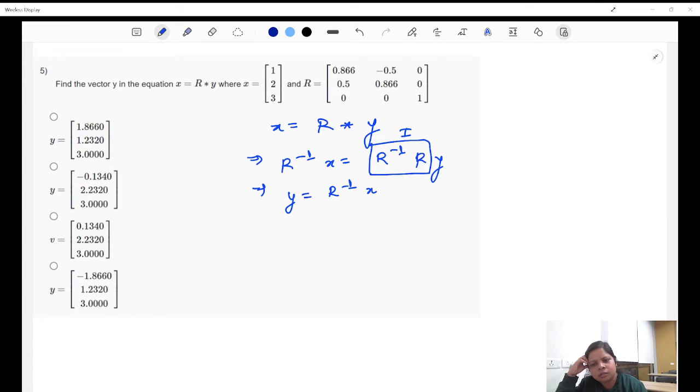Yeah, it is one, right? So if the determinant is one, do you get some hint?